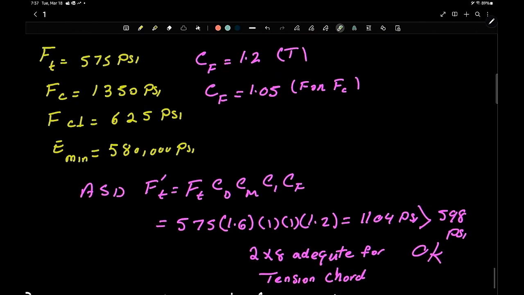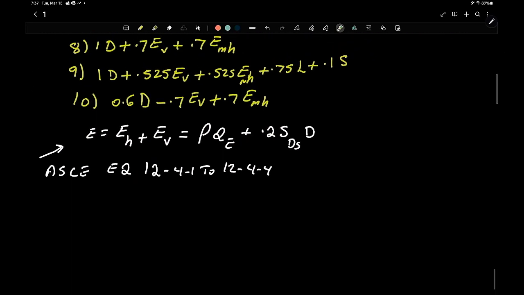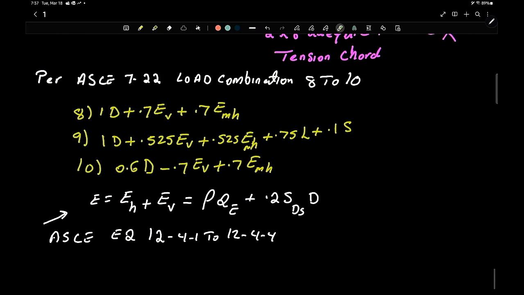However, if we consider the dead load also, it should be considered, then we're gonna check into that. And this is where it's gonna get a little bit interesting, because we're gonna go to ASCE 7-22 load combinations for allowable stress design. There are these 3 load combinations. Let's go there, show it to you.